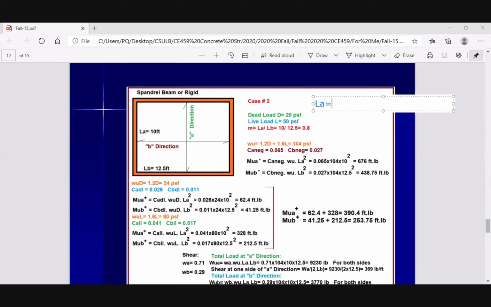LA is 12 feet and LB is 18.46 feet. It doesn't matter, you can go with dead load equal to 20 and live load equal to 50 PSF, pounds per square foot. Please redo this and consider this case.